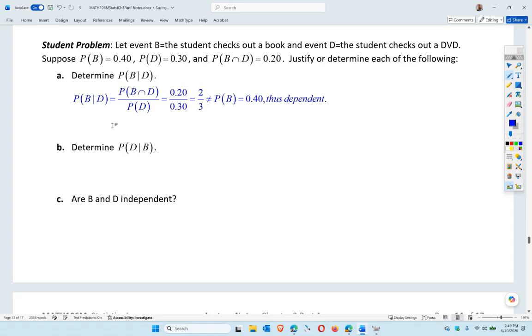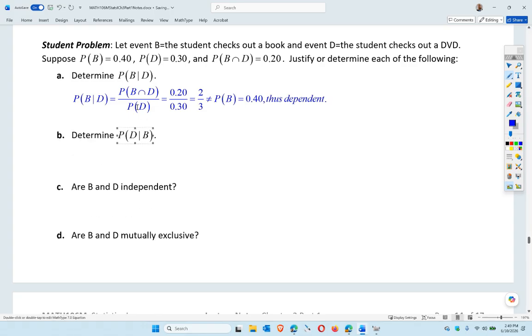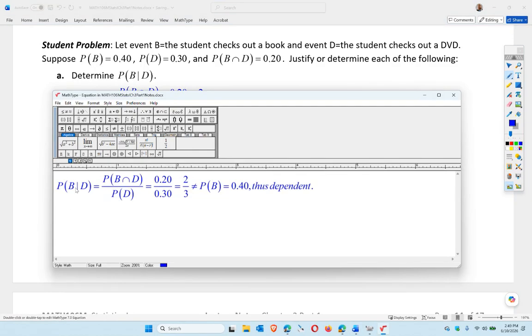Okay, let's try the other one. What if I flip it around, right? So D given B. Well, let's take this here, and we'll just flip it around. So we want D given B, right? So D and B, and then put B here. So D and B, that's still going to be 0.20. It doesn't matter. When you flip that around, it doesn't matter. It's still 0.20.